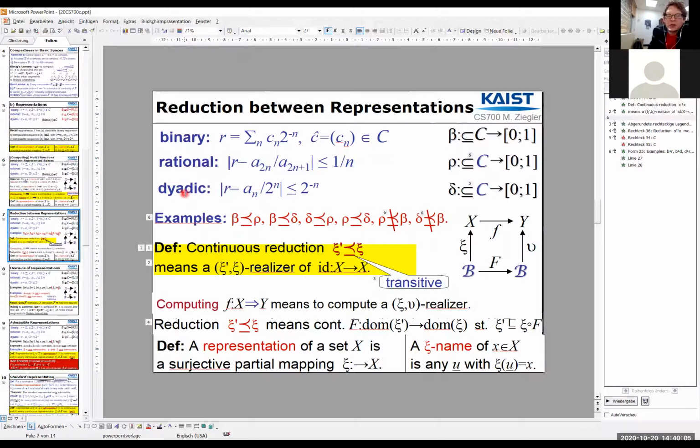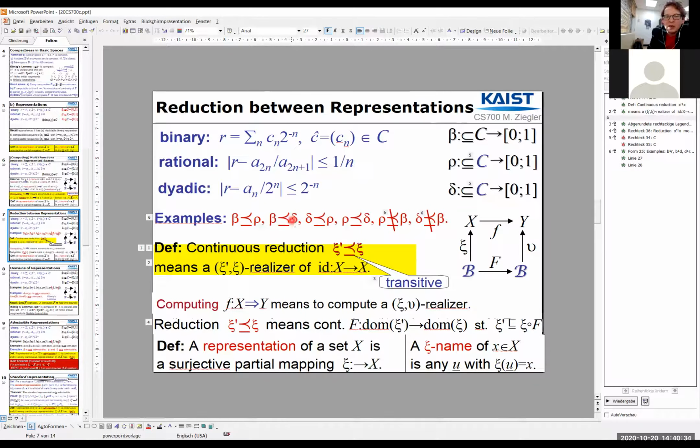And how about conversion to and from dyadic algorithms that compute dyadic encodings of the same real number? We've seen that some of the equivalences break down when we look at them in the uniform setting. So we can convert easily to the rational representation.